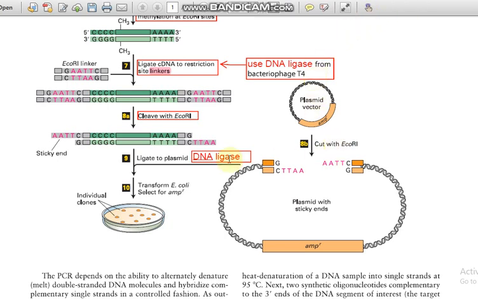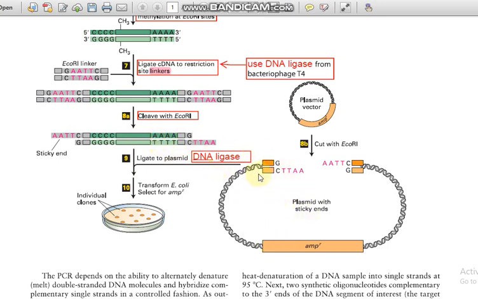The same restriction enzyme used to cleave the linker is used to cleave this plasmid vector. So we get sticky ends and we use this vector to incorporate our complementary DNA, and here also we use DNA ligase to ligate our complementary DNA to this plasmid.